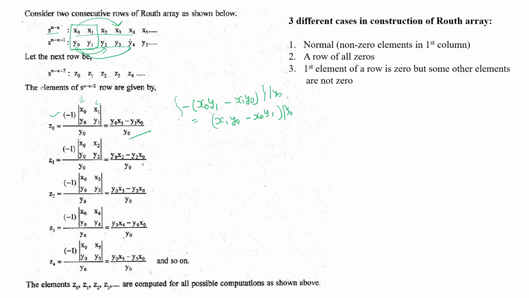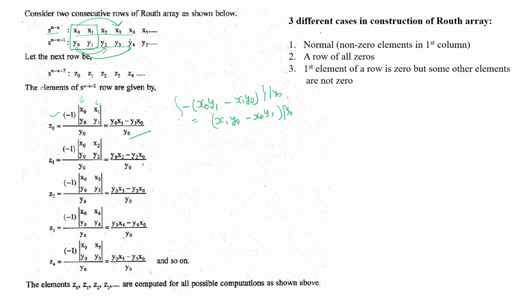For the next row, we take the previous two rows, combining y0 and z0, and so on.